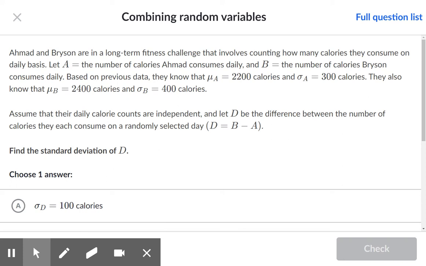Let me use my calculator. 400 square plus 300 square gives us 250,000, right? But that's for variance, that's the variance of D. Variance of D is 250,000.